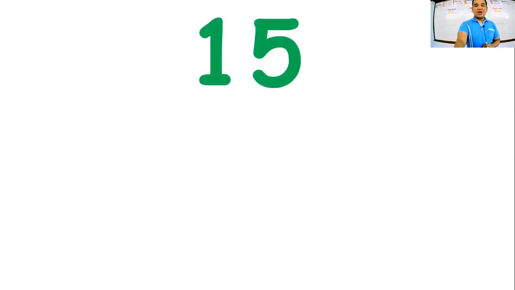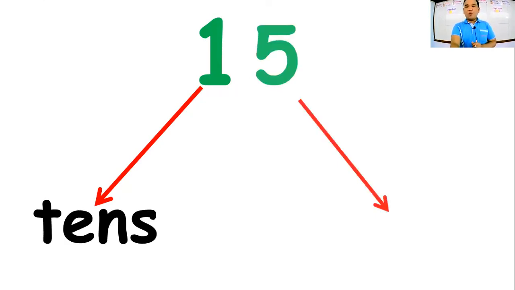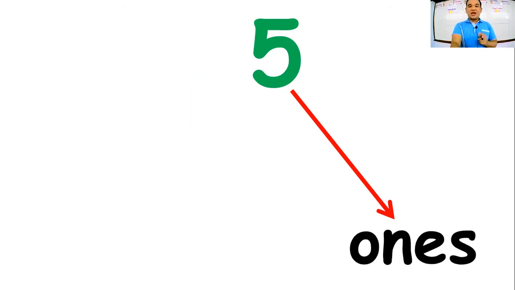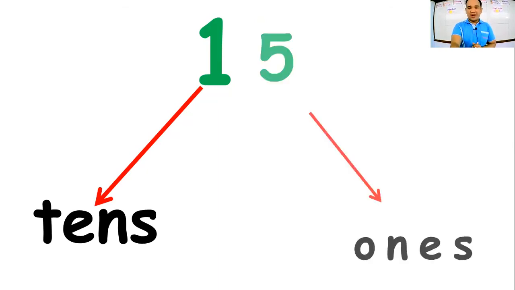Let's have another. On your screen, you can see the number 15. Who is the ones and who is the tens? The number 1 is the tens, and the number 5 is our ones.